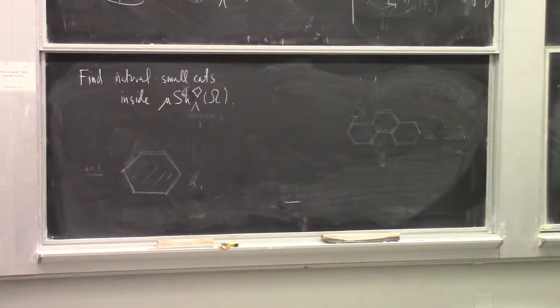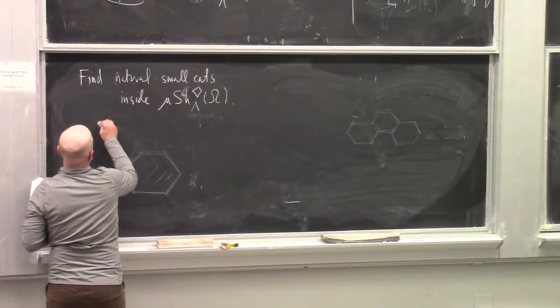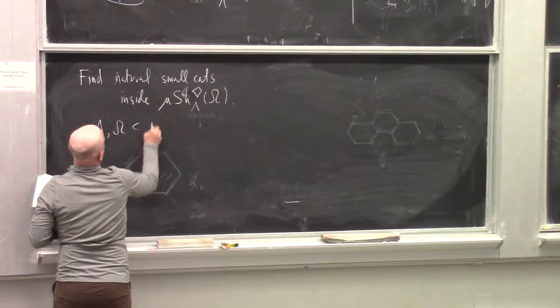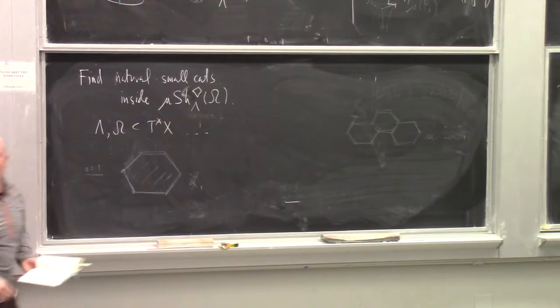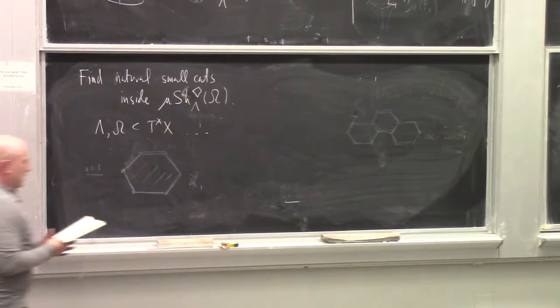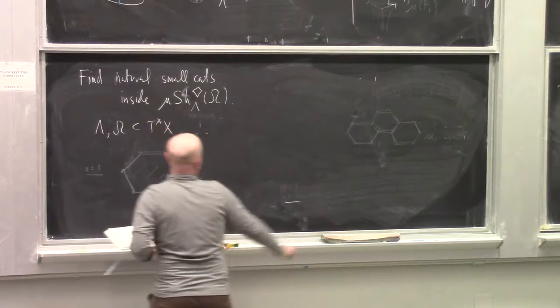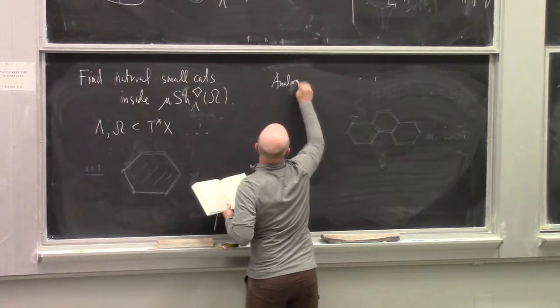I mean this in great generality. Lambda and Omega are inside, say, some cotangent bundle, or more generally some exact symplectic manifold which you locally think of as a cotangent bundle, and then build this beast. I want to have some analogies, just to give you a sense of what I'm aiming for here.